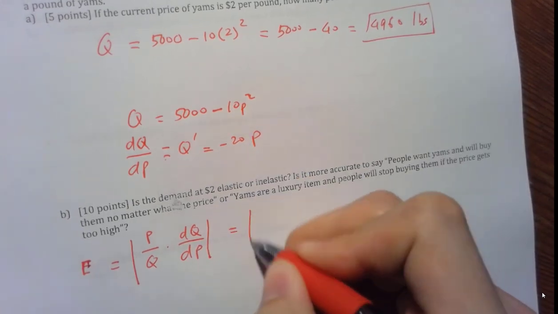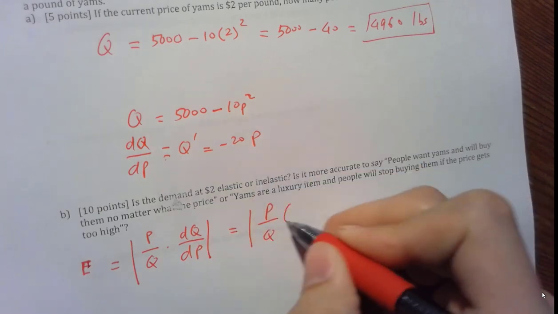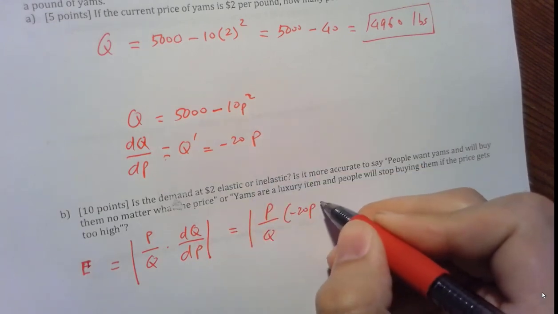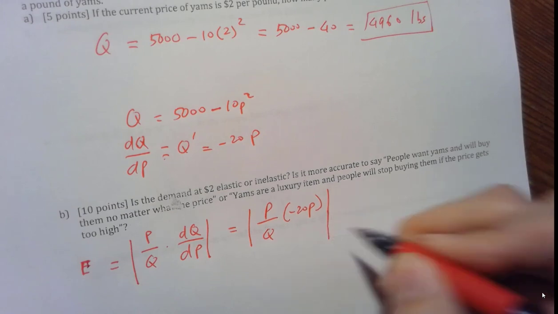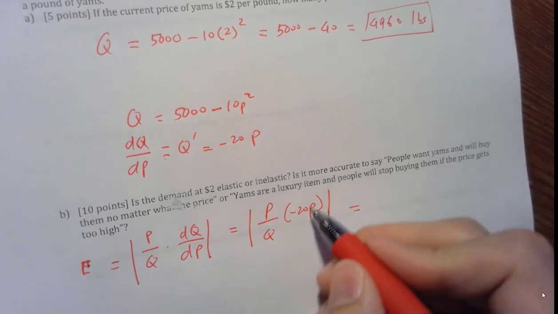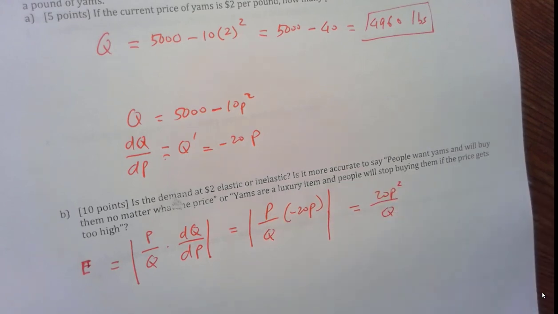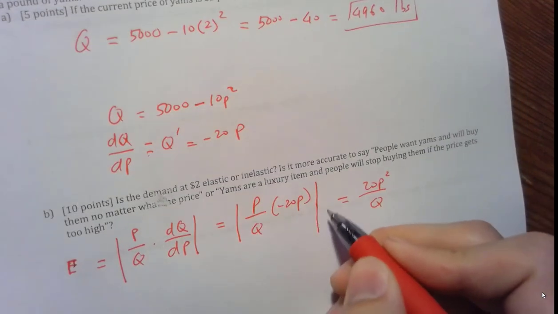This is the absolute value of P over Q times minus 20p. And remember, this is the absolute value, so we take away the minus sign. So 20p times p gives me 20p squared over Q, and then I can take away the absolute value sign.